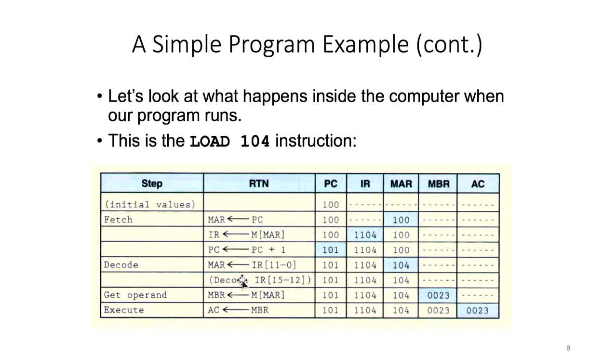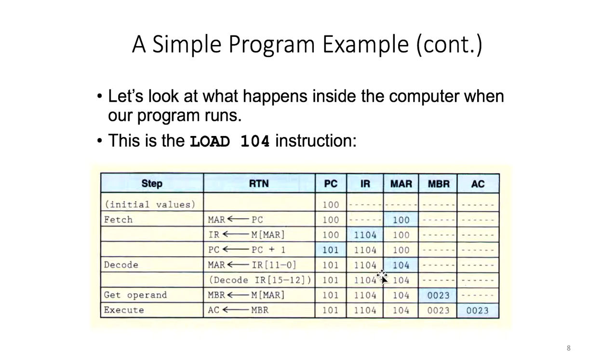The next step is decode. The computer looks at the bits in the instruction register from 0 to 11, and those bits are copied to the memory address register. So the value 104 is copied to the memory address register.